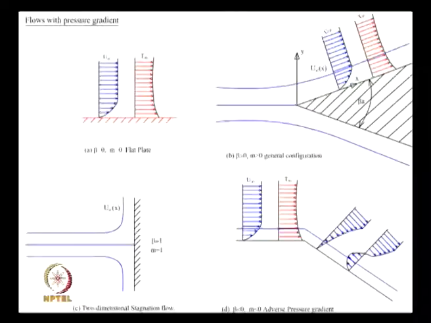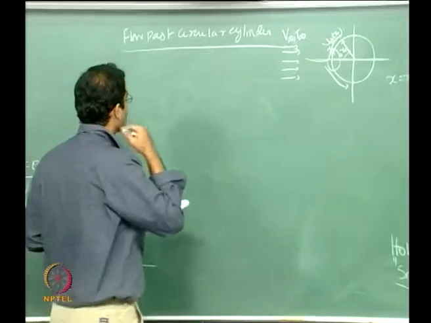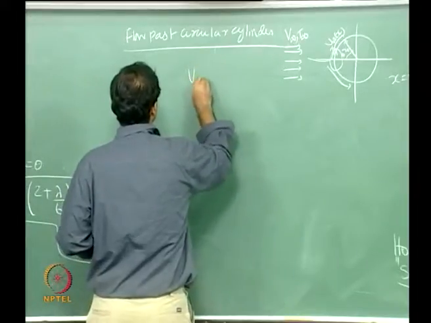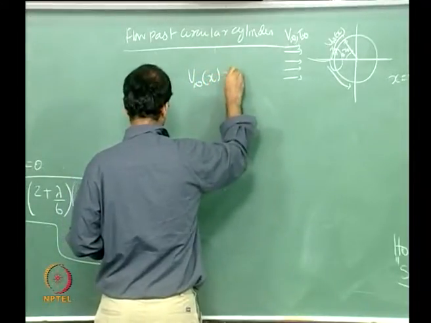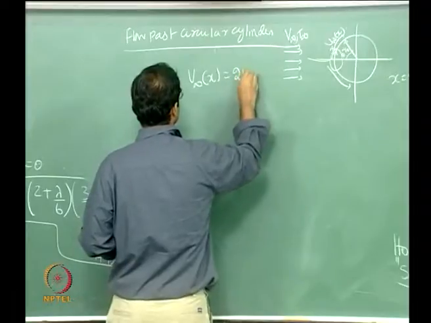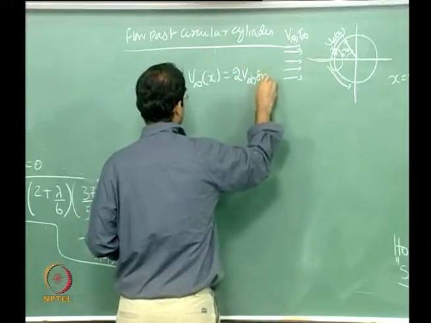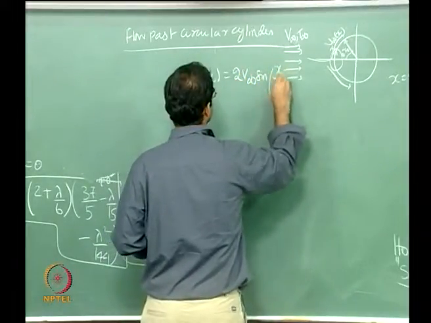So here, in a similar way, we will assume a profile from the inviscid potential flow, which is nothing but sine of x by r naught.